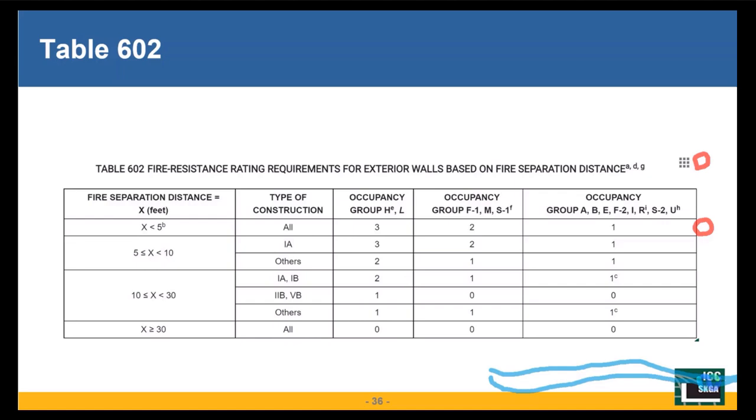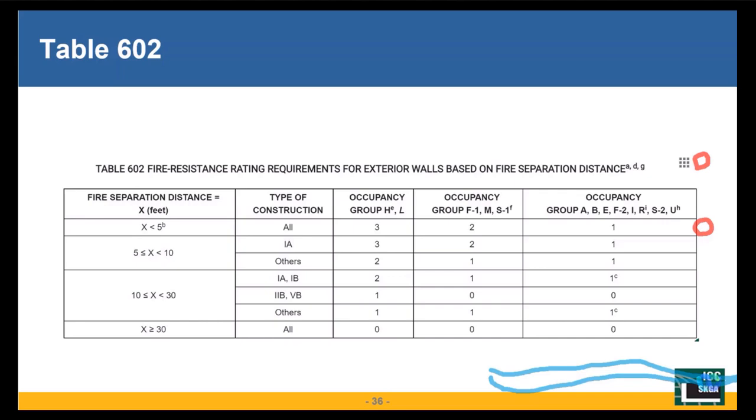The theory behind it, you're so far from the property line or the adjacent building that there is no hazard that will occur in a fire in the building that could transfer to the next door building. And some other factors, including firefighting capability and access around the building.